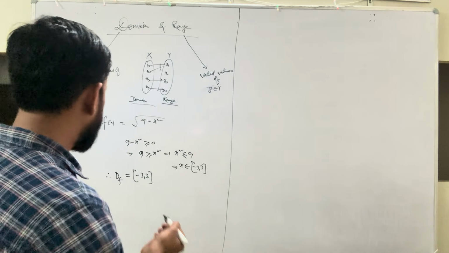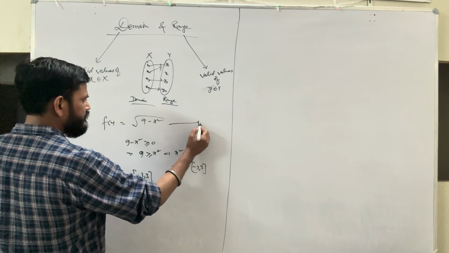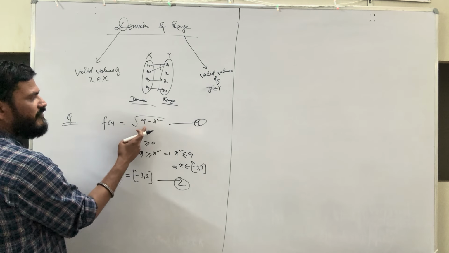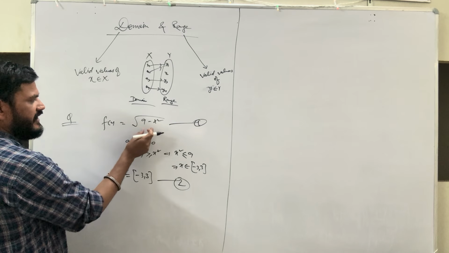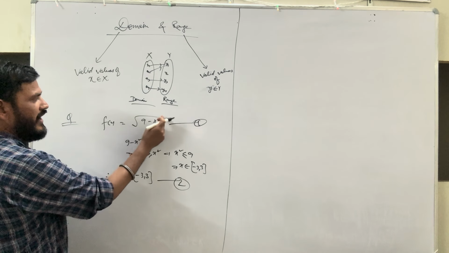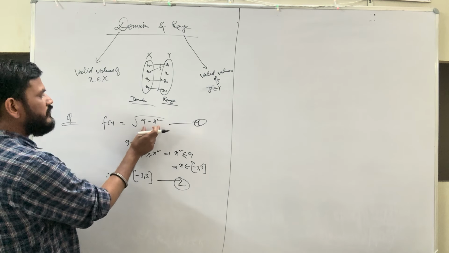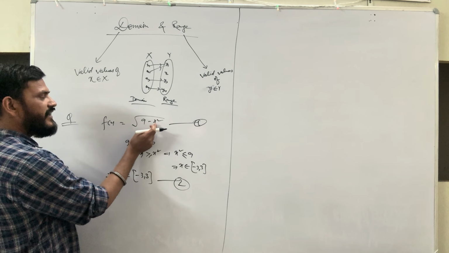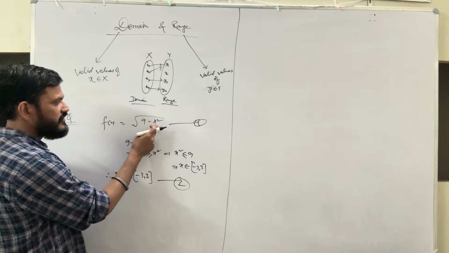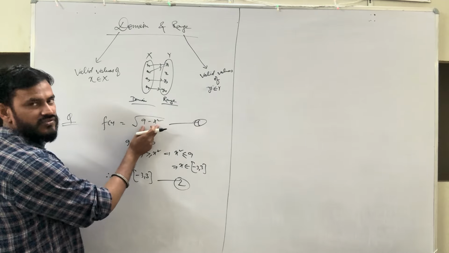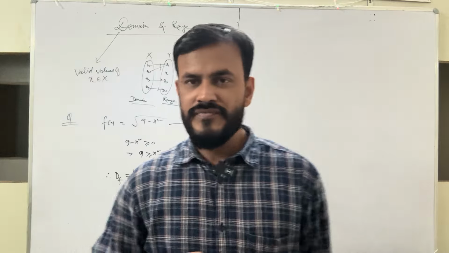If you look at this function, the minimum value that this function may take is 0, because square root will always give you non-negative values, right? Now x square is always positive, so if you take x equal to 3 or minus 3, this will become 0. So the minimum value is 0.